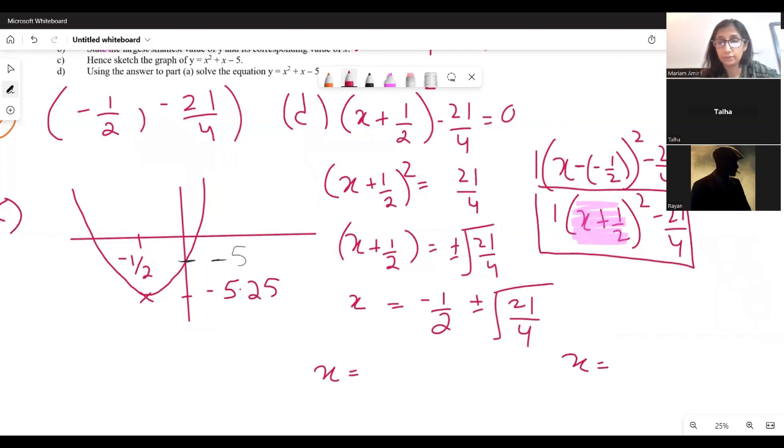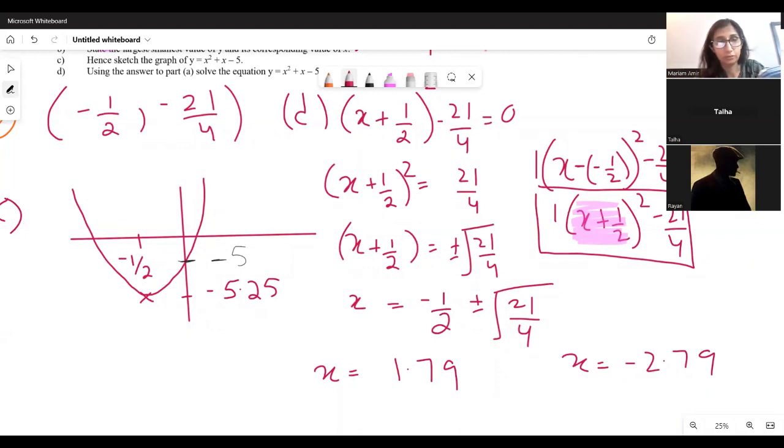what do we get? The answer at the back says 1.79 and the other one is minus 2.79. Let's check. Minus half plus square root of 21 by 4 equals 1.79.